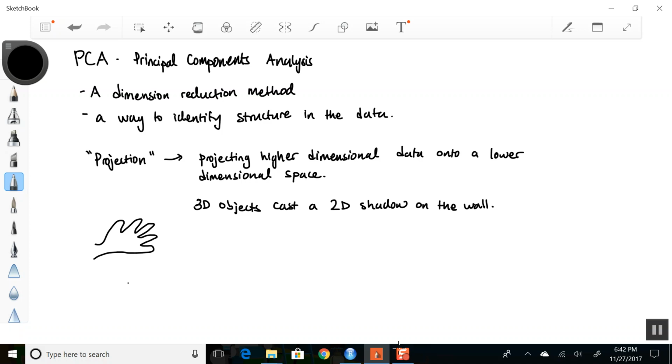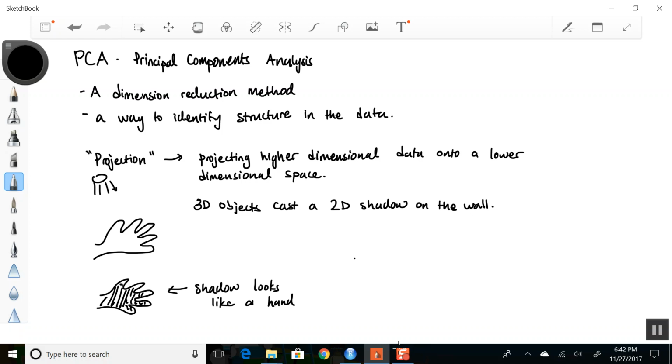Okay, so for example, we could have a three-dimensional hand. This is my beautiful art, and if I project it this way with the light coming this way, then the shadow that gets cast onto the ground looks very much like a hand.